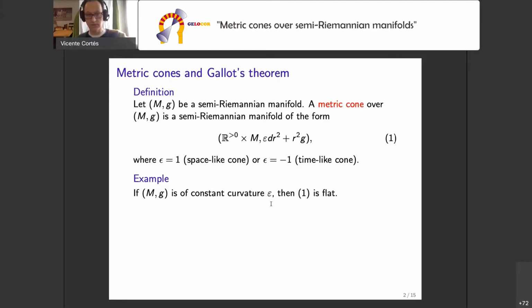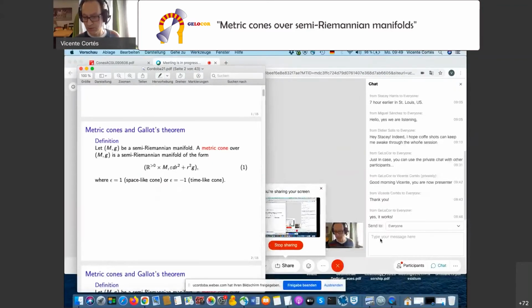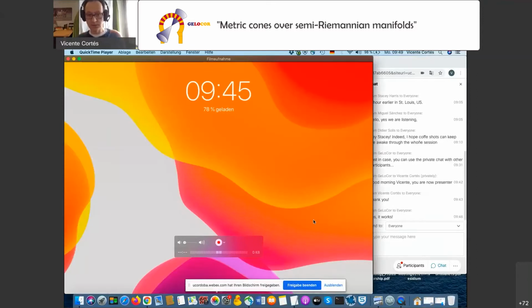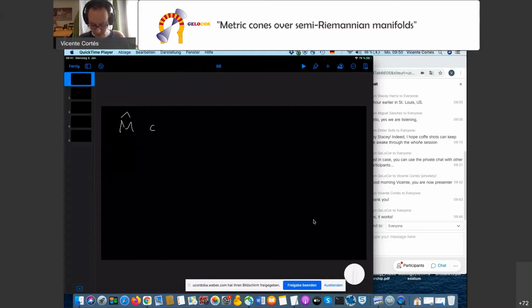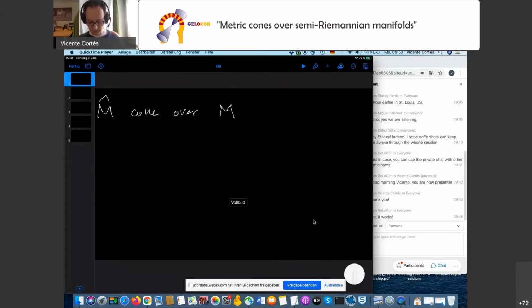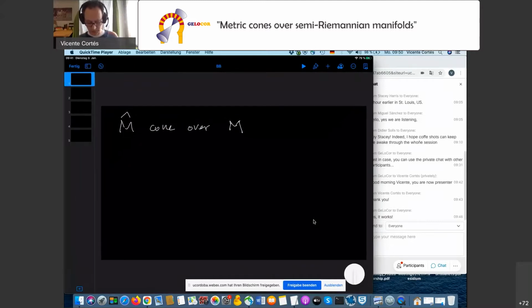So I have another application open here, so I hope I can just write here on the iPad. Okay, so here I have a blackboard, and we can now recall some formulas for metric cones. So if M hat is a cone over some pseudo-Riemannian manifold M, then you have very nice formulas for the Levi-Civita connection and for the curvature of the Levi-Civita connection.